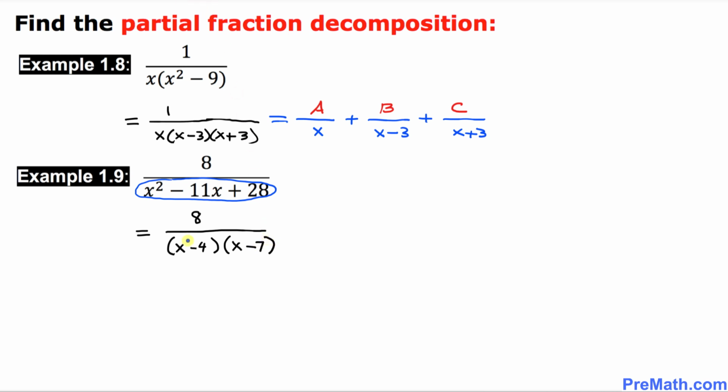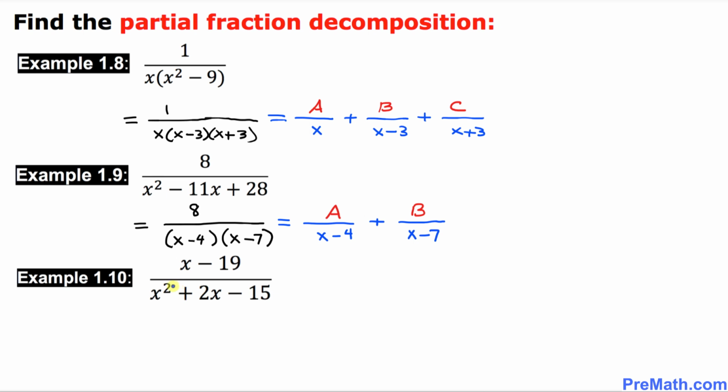So now we can see that we got two linear factors. That means now we can easily find the partial fraction decomposition. The first fraction is going to be x minus 4, and then plus the second fraction, the denominator is going to be x minus 7, and on the top is going to be simply A for this one and B for the second fraction, and that is our answer.